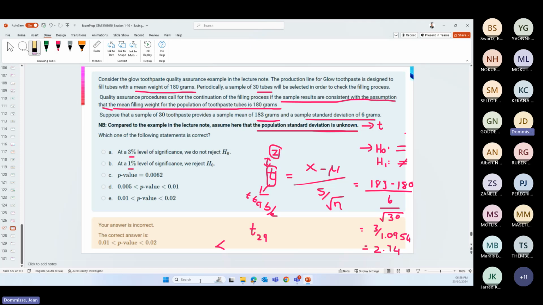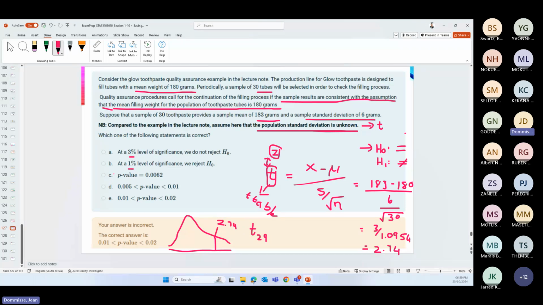Let's quickly just draw that. So there is the 2,74.